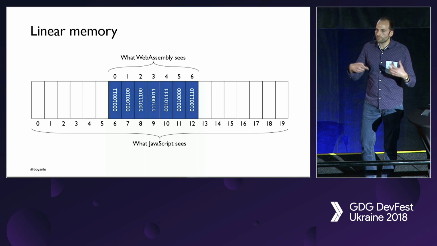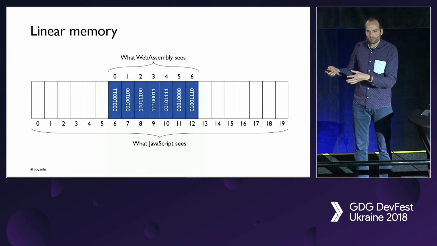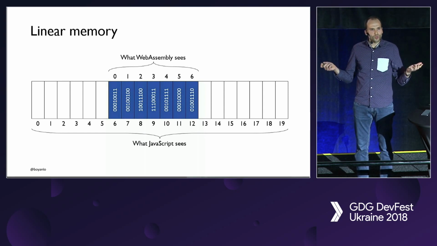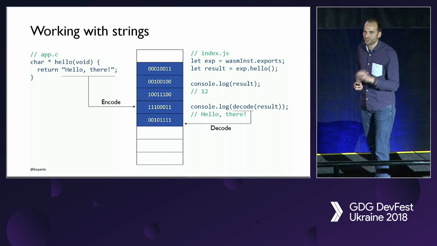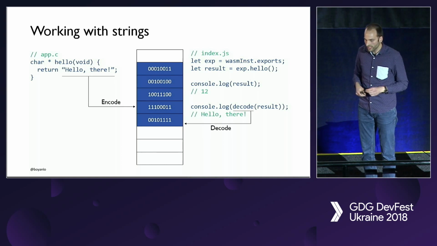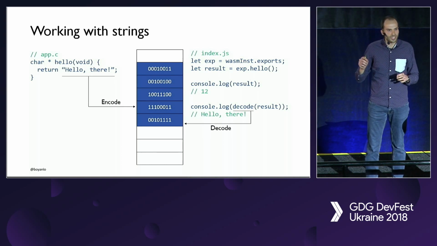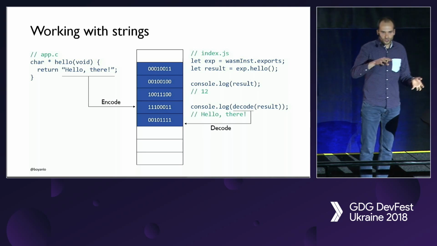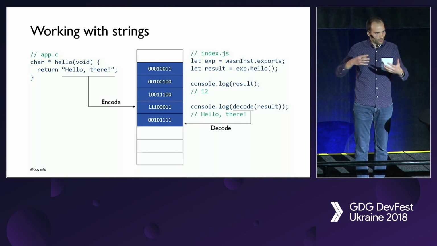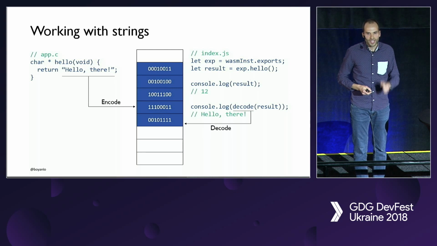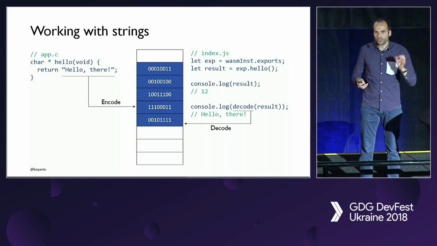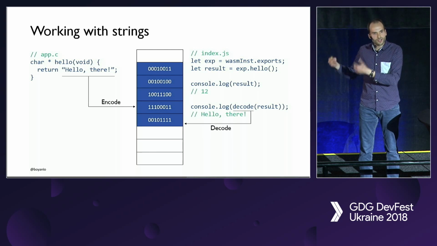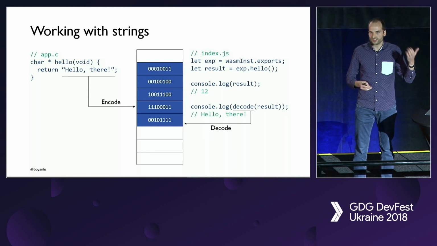Because WebAssembly at this point supports only numbers, what are we going to do with strings? Let's say we use strings for some stuff, right? And this is where the memory becomes really, really useful as well. Because the way to deal with strings right now is to put the string onto the memory. Basically, you need to encode it in one way or another. And then if you call your exported function from JavaScript, what you're going to get is just a pointer to this array, which is a cell in this array.